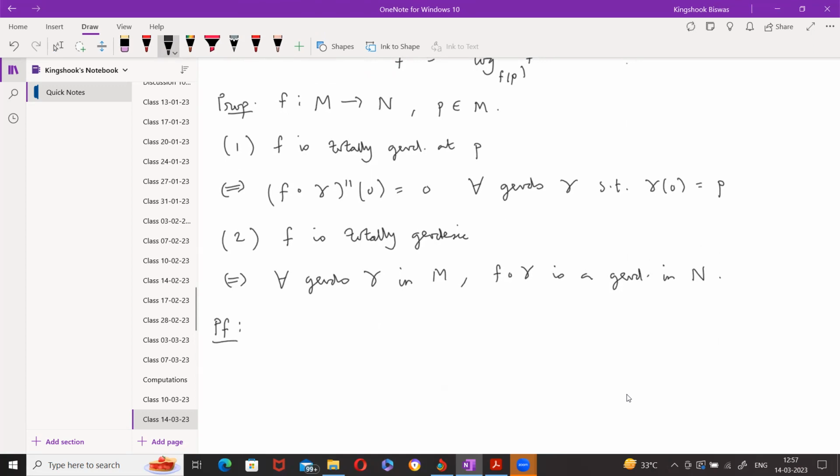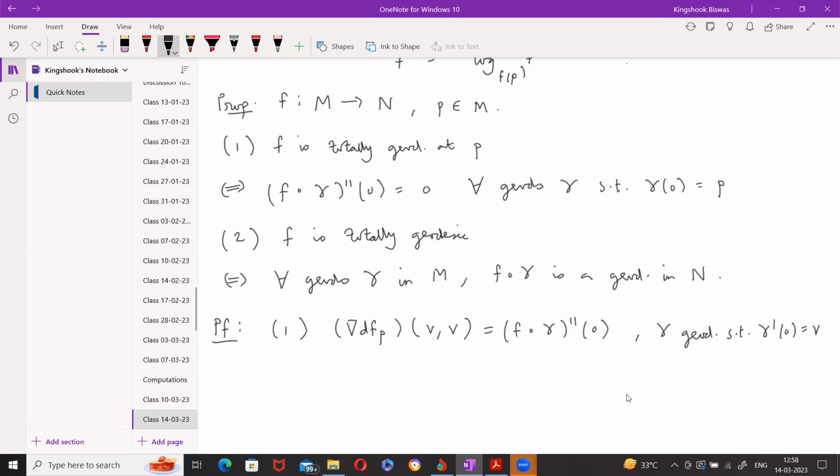So the proof of one is clear, right? So that nabla dF_P (V, V) is equal to (F composed gamma)'' (0) for gamma a geodesic such that gamma'(0) equals V. So this implies one, right?